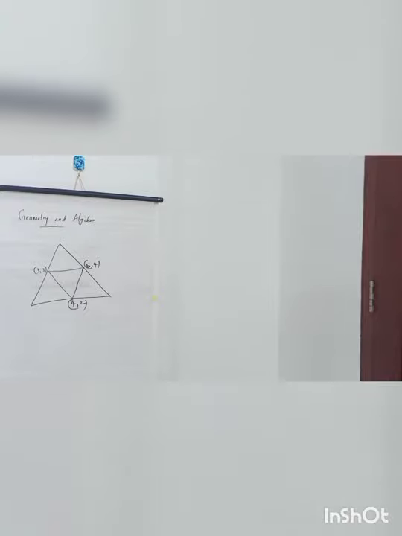So you can see 4 triangles here: 1, 2, 3 and 4. You know, all the 4 triangles are equal. That means this one and this one are equal.